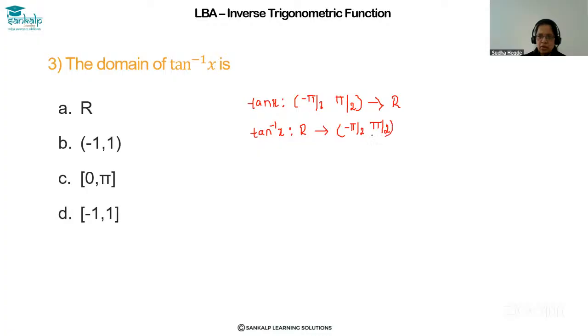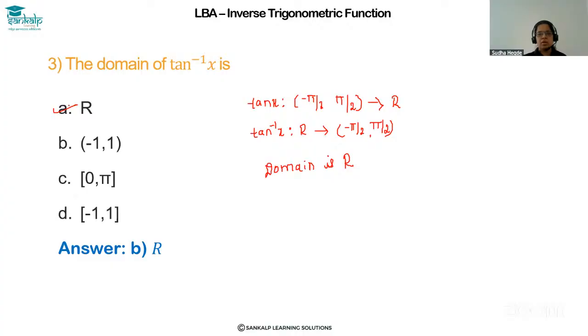Correct? Now can you tell me what is the domain? Clearly R. Therefore, the domain of tan inverse x is R. So option A is the correct answer.